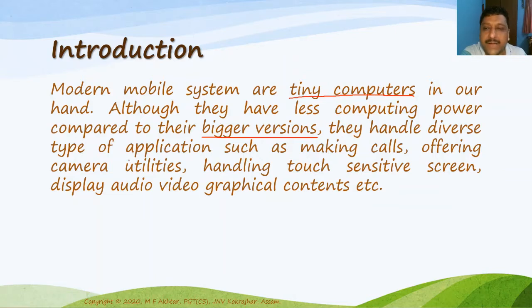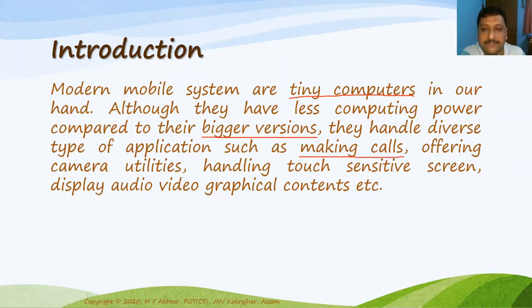They handle diverse types of applications such as making calls, offering camera utilities, handling touch sensitive screens, displaying audio, video, graphical contents, and playing music. These are things a mobile can do. What are those things? A very special thing is it can make calls.